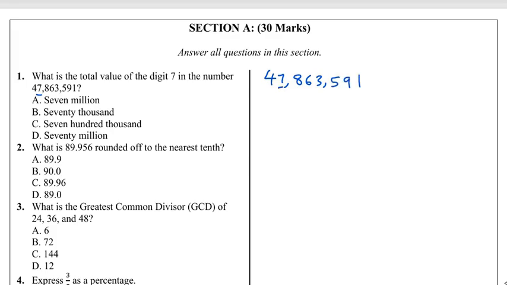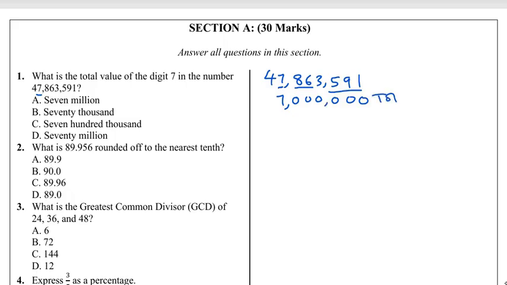And we have 7. Below 7, write that 7, and then all the other digits, you can count them and substitute them with zeros.